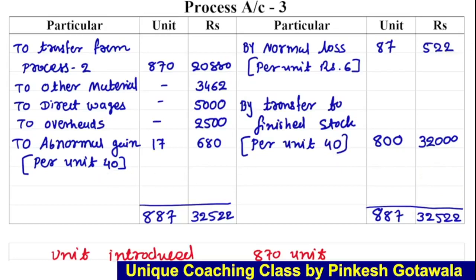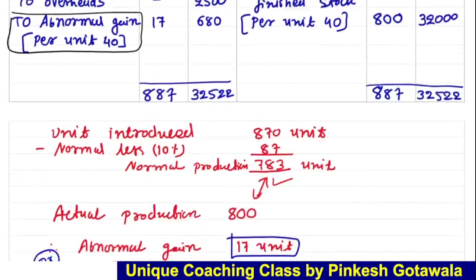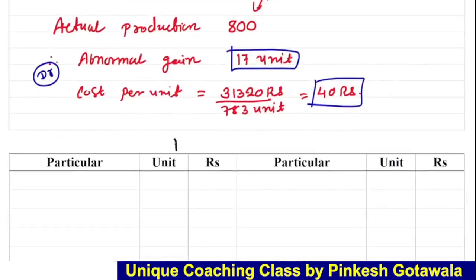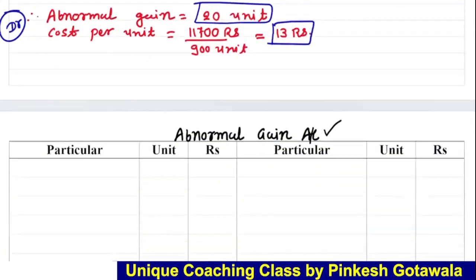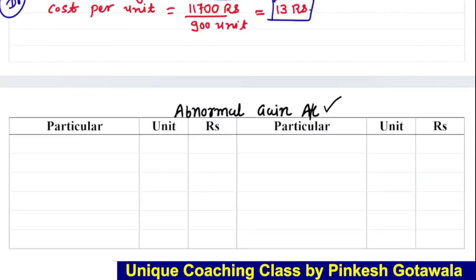Clear? And in this question, process 3, we have an abnormal gain. So it means we have to prepare one more account, that is the abnormal gain account. So now let's complete these 3 accounts, abnormal gain or loss. In process 1 we get abnormal gain, so we prepare an abnormal gain account.